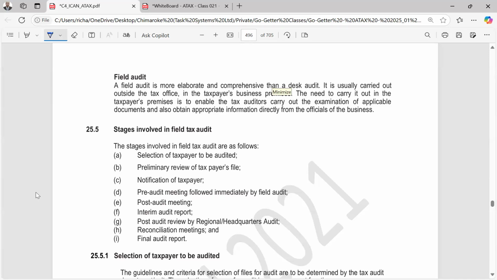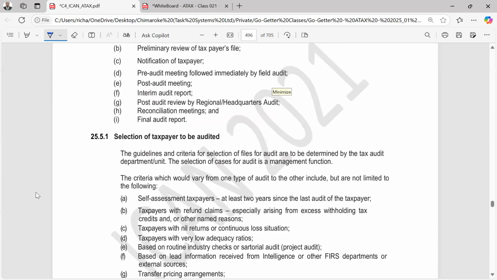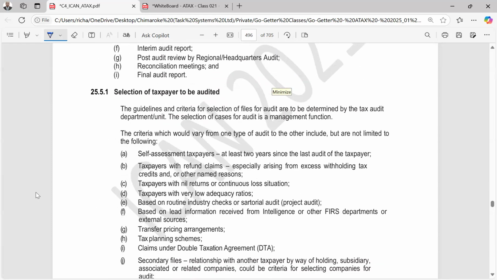There's also an audit, post-audit meeting, interim report, post-audit review, reconciliation meetings, final report. Let's look at them. The first one is selection of taxpayer to be audited. How will they know the taxpayers to be audited? So there are several criteria that they can use to choose the taxpayer to be selected for audits.